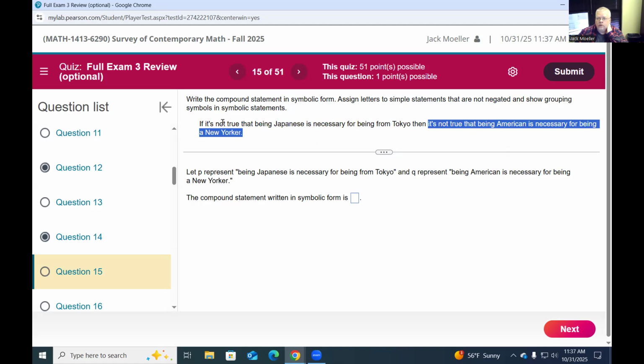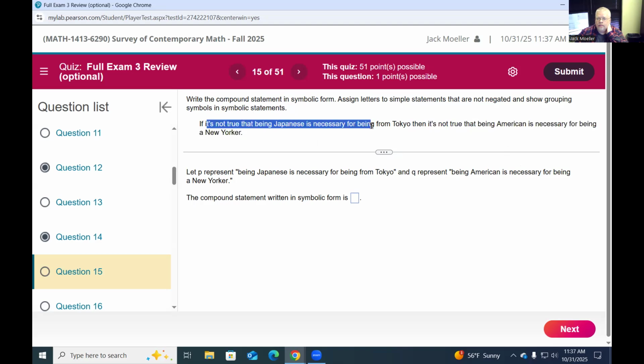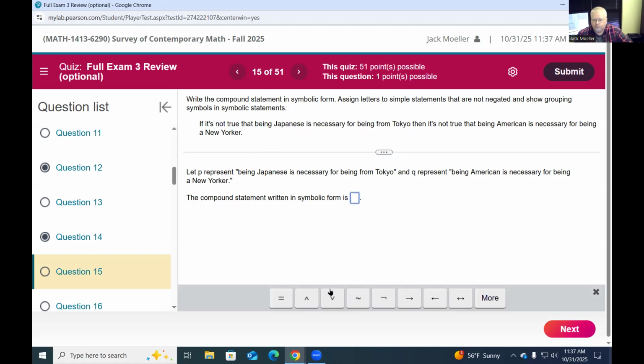So there's our not P there, and then after the comma is our not Q, it's if then. So if it's an if then, we know we need an arrow. We're starting with not P. Notice they have the tilde down here in the answers or in the box.